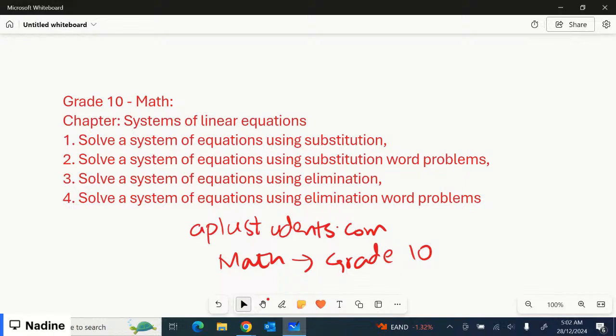The lessons we're going to cover today are: solve a system of equations using substitution, solve a system of equations using substitution word problems, solve a system of equations using elimination, and solve a system of equations using elimination word problems.